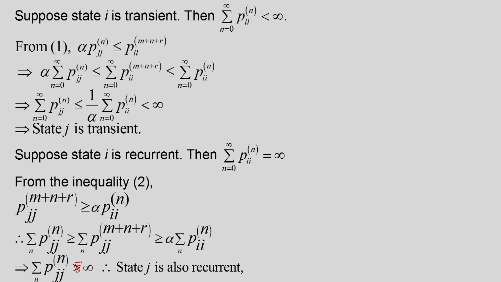So that way we see that recurrence and transience are class properties, and we can similarly prove that periodicity is also a class property. Suppose in a communicating class, if one state is periodic with period d, then all other states will be periodic with period d.